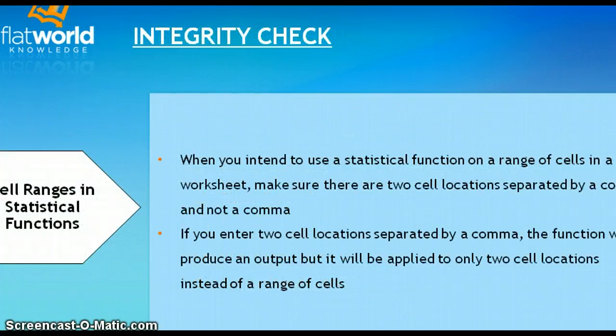Cell ranges and statistical functions. When you use statistical functions, and again, we have mathematical functions, we have statistical functions, we have so many different types of functions, it's important that the ranges are separated, if necessary, by a comma, not by a colon.